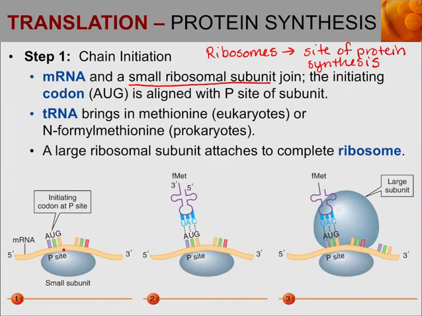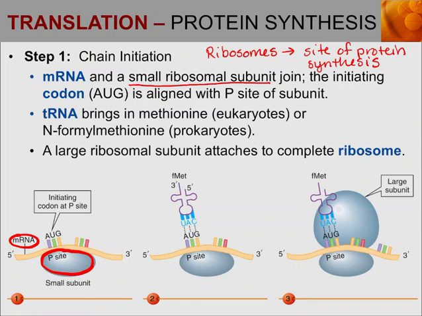Okay, so we've got our small ribosomal subunit, and it's connected to messenger RNA. And we need to find that initial sequence that says, hey, we're ready to start synthesizing a protein. So remember that was AUG.